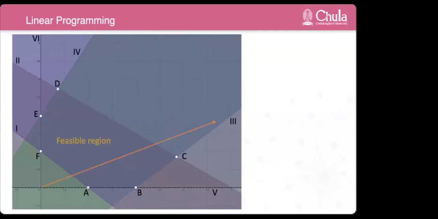No, it's not. It's not that meaning. We have to draw a perpendicular line to this gradient, and we try to find the perpendicular line, isoprofit, which is farthest.